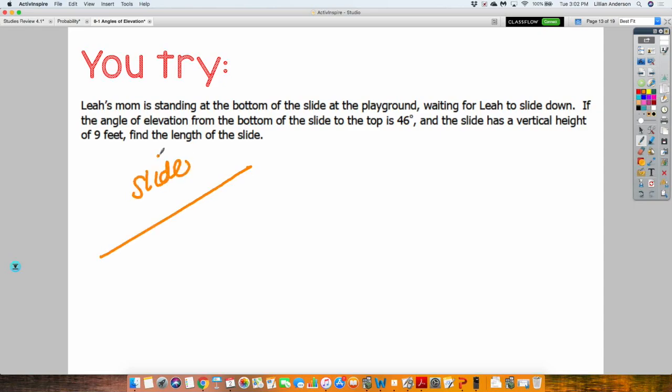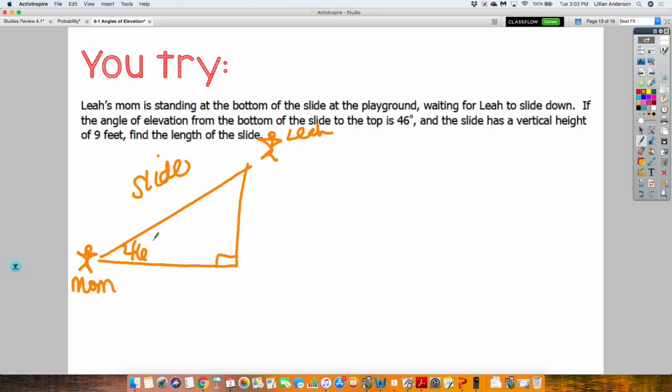And Leah's mom is down here, and Leah's up here. She's waiting for her to come on down. There's your right angle. And if the angle of elevation from the bottom of the slide to the top is 46, where does the 46 go? Where mom is or where Leah is? Inside the triangle or outside?